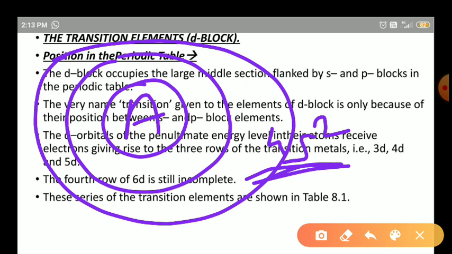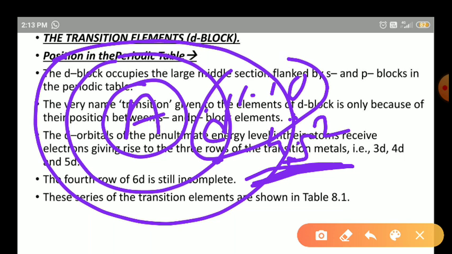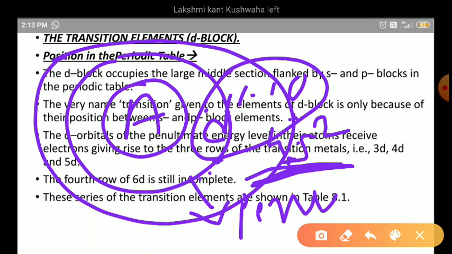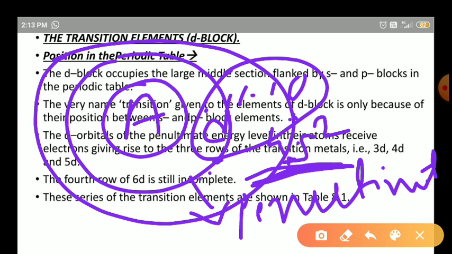So these are valence electrons, and the inner shell of the valence electrons we call the d electrons. It may be 1 to 10. So this we call the penultimate shell.